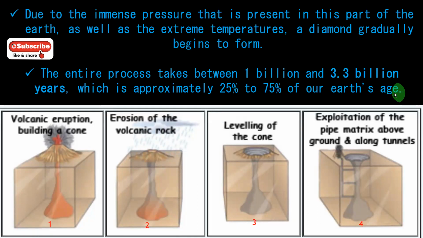See the age of the Earth and the time needed to create one. 1 billion up to 3.3 billion years are needed to form a diamond inside the Earth.